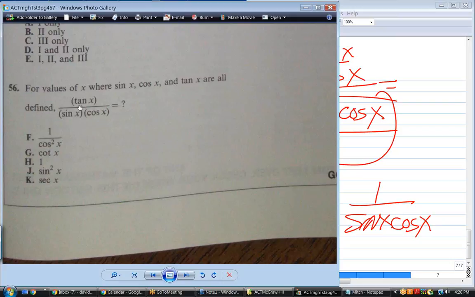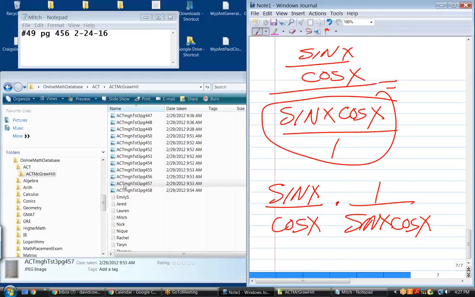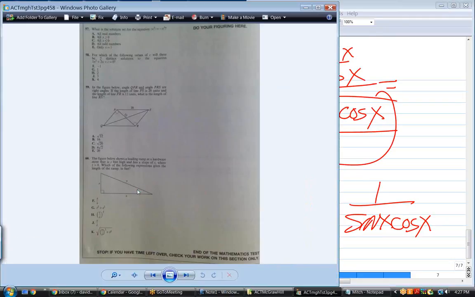Once we make that sine over cosine, now I can simplify the whole thing quite easily. If I were to make that 1 over cotangent, it'd be harder. And I'd have to put in the identity for cotangent, which is cosine over sine. So it would be a lot of unnecessary work. Okay, that makes sense.